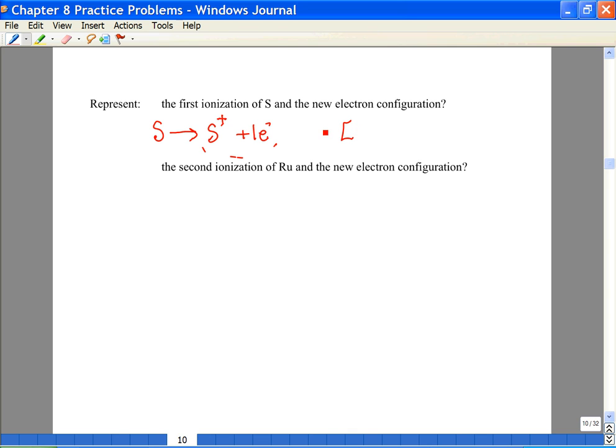So when we remove an electron, that gives us 15 total electrons. So the new electron configuration would look like neon, and then 3s2, 3p3.